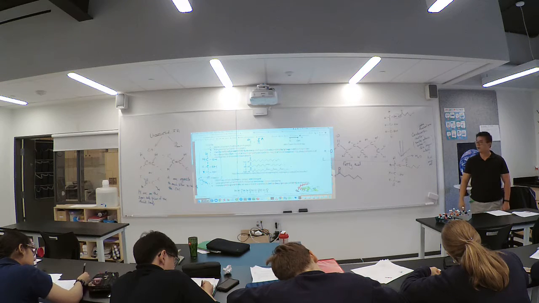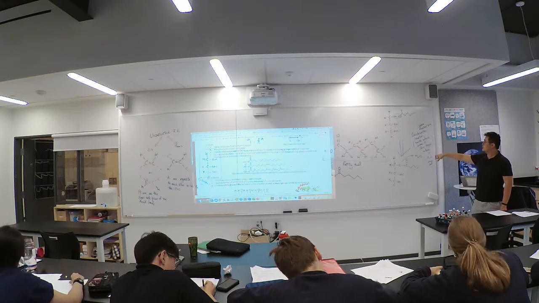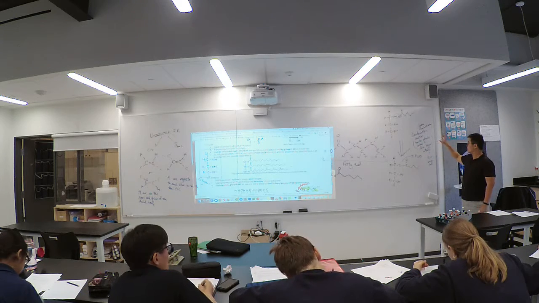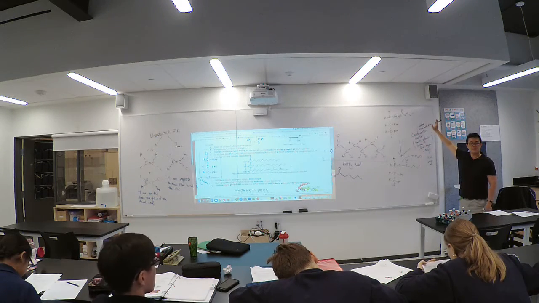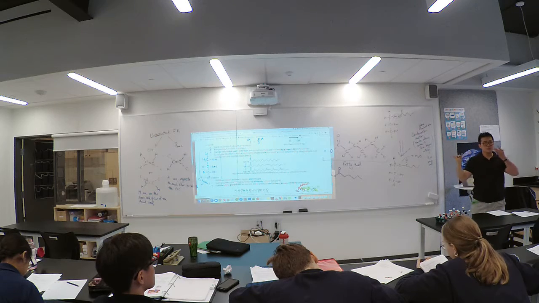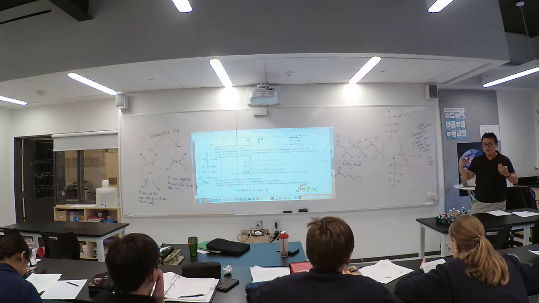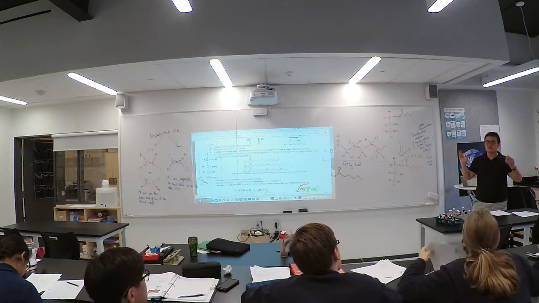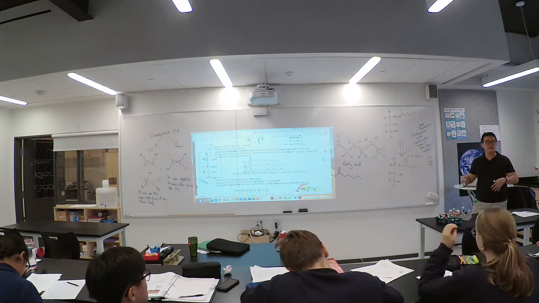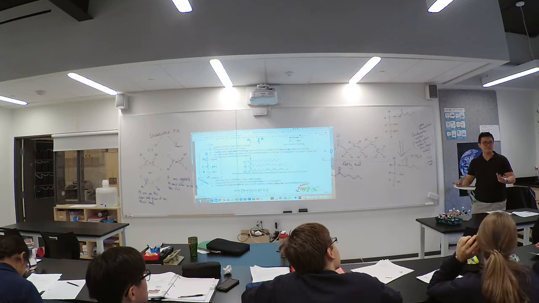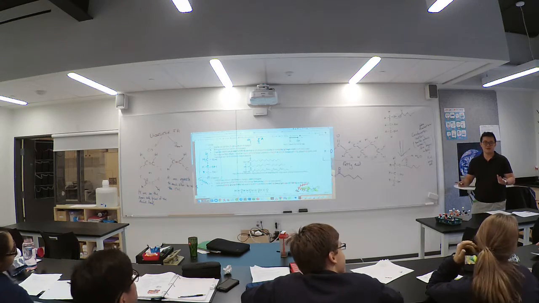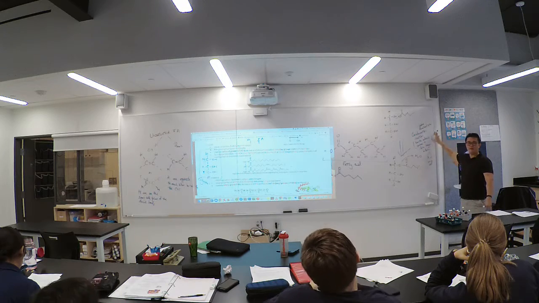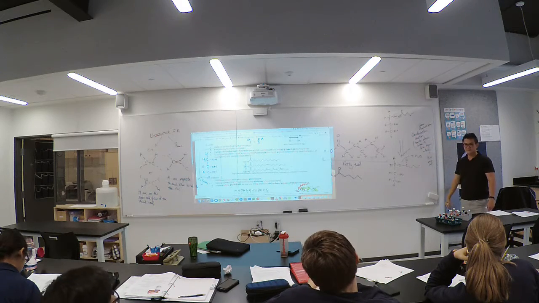Okay? So condensation reaction is a reaction that combines smaller molecules together to form bigger molecules. Another way to call it is anabolism. One way to remember it is that some people take anabolic steroids to bulk up. So anabolic means forming bigger things.